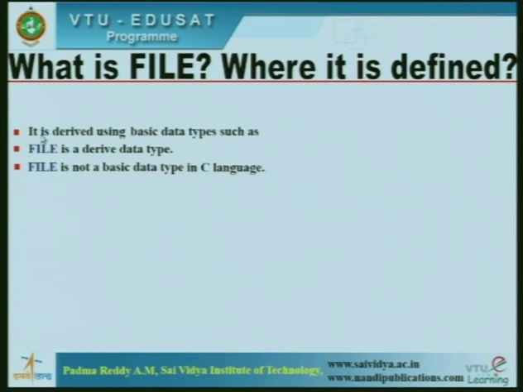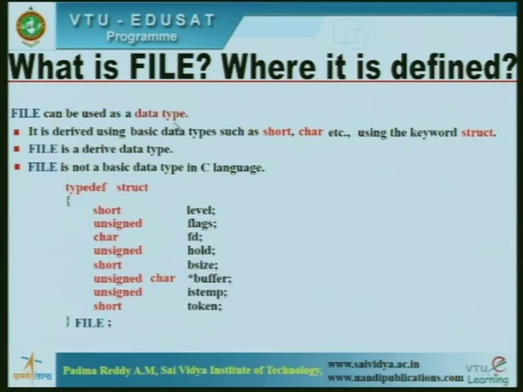It is derived using the basic data type such as a short, char, etc. using the keyword struct. So FILE can be used as a data type. Now this is the type defined structure definition, and this definition is available in a header file.